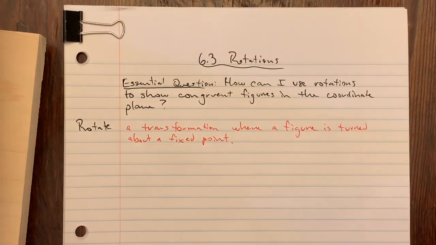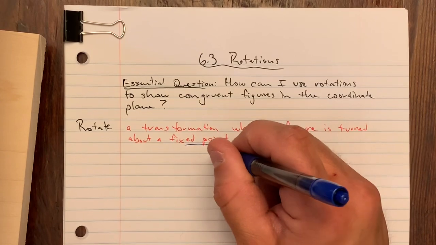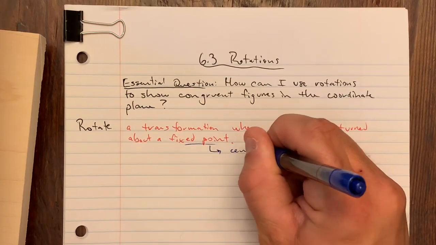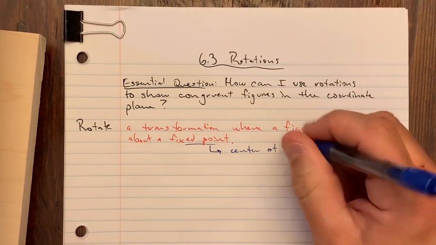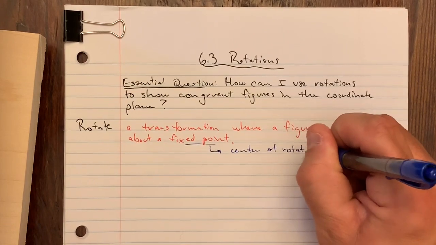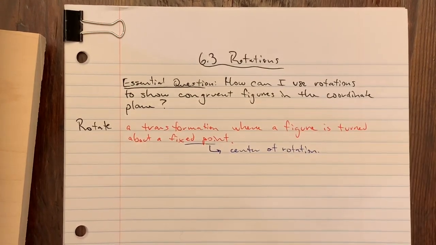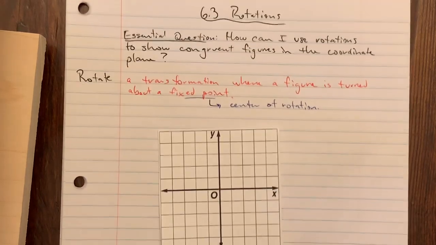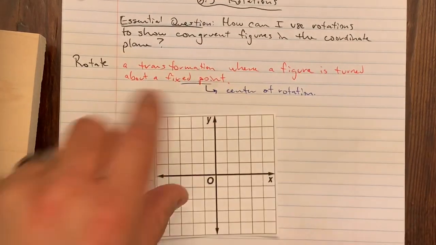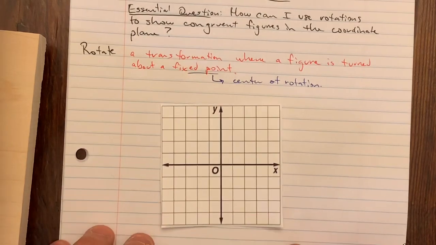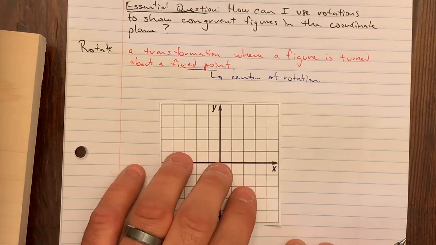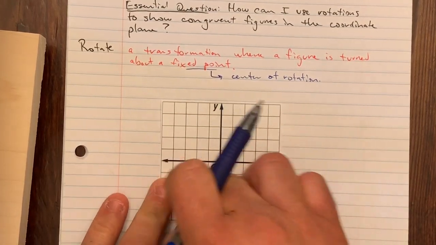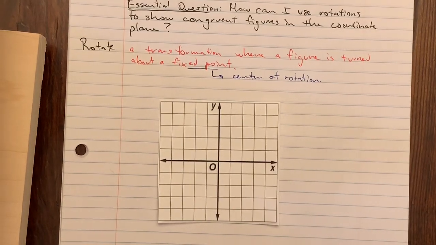And that fixed point, we call the center of rotation. Usually, for what we're going to be doing, that's just the origin. So we're going to be taking our ordered pair, drawing a figure, and then turning it on the coordinate plane, keeping one corner always in contact with the origin. I'll show you what that looks like.